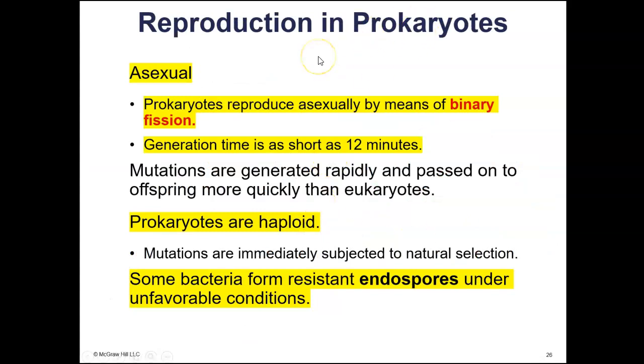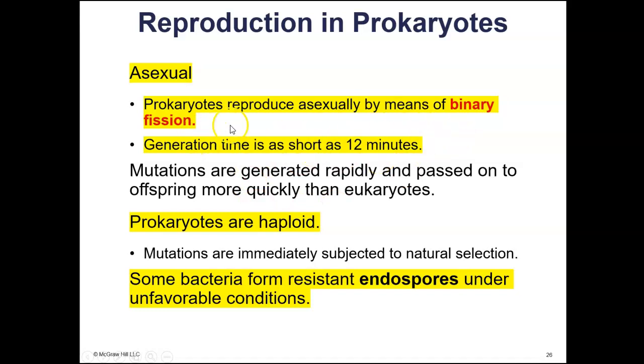Reproduction in prokaryotes is entirely asexual through binary fission, which means to split in half. The notes say that the generation time is as short as 12 minutes. That means it can happen as quickly as 12 minutes for one bacterium to reproduce and produce 2.